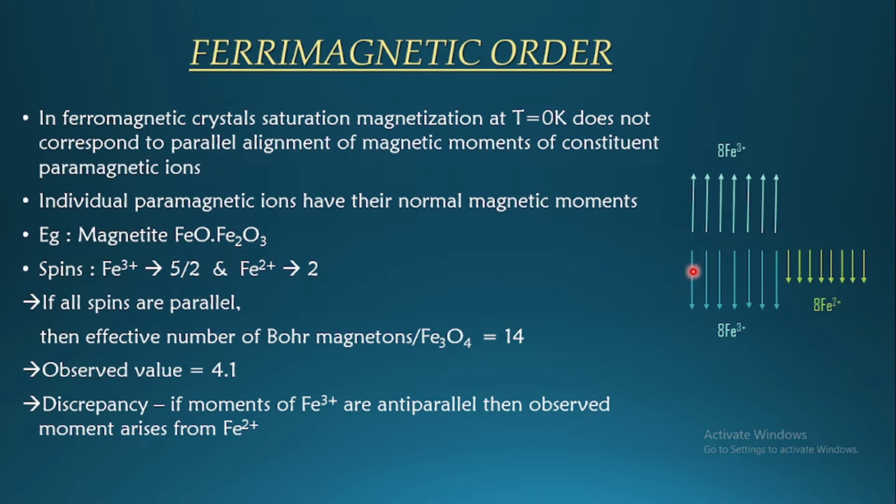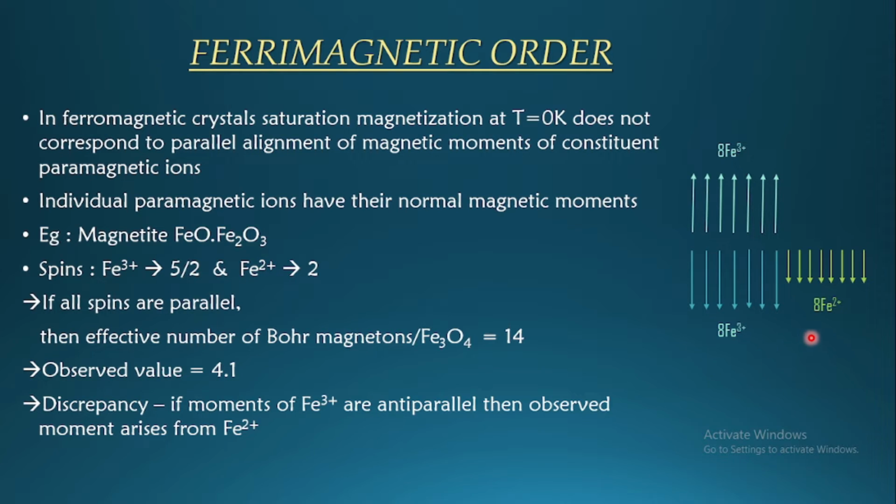Some are going to cancel each other because of their equal and opposite, antiparallel nature, but some remain because they do not get cancelled. So the net effect is not zero, and that is due to two different types of atoms present in the material. That is the main criterion for ferrimagnetism.